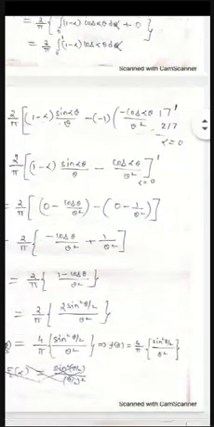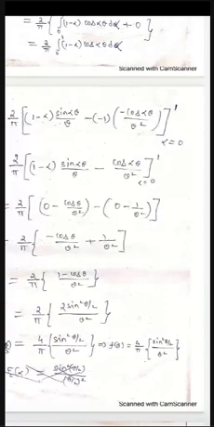What is 1 minus cos theta value? 2 sine square theta by 2 you will get, right? By the half angle formula. You know the formula for cos 2 theta; we have three formulas. Cos 2 theta is cos square theta minus sine square theta. Cos 2 theta equals 1 minus 2 sine square theta.